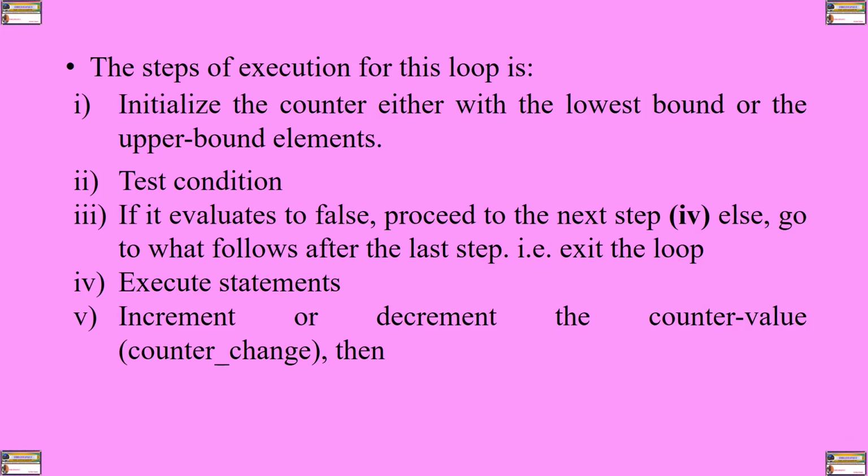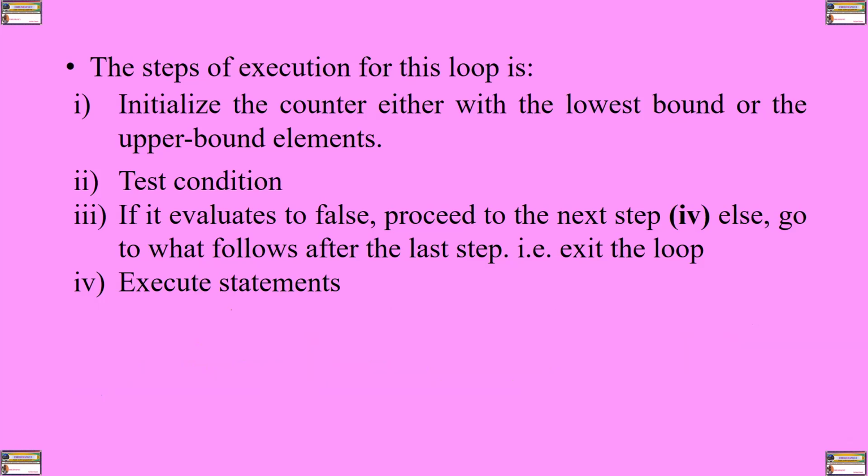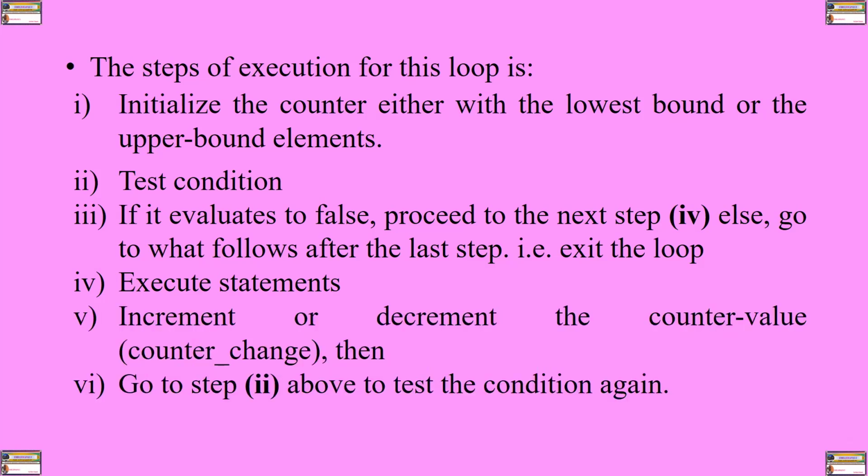Once we increment or decrement the counter based on the type of loop, we go back to step 2, where we retest the condition. If the condition is false, we move again to step 4 and execute the statements. Otherwise, if the condition is true, we exit.